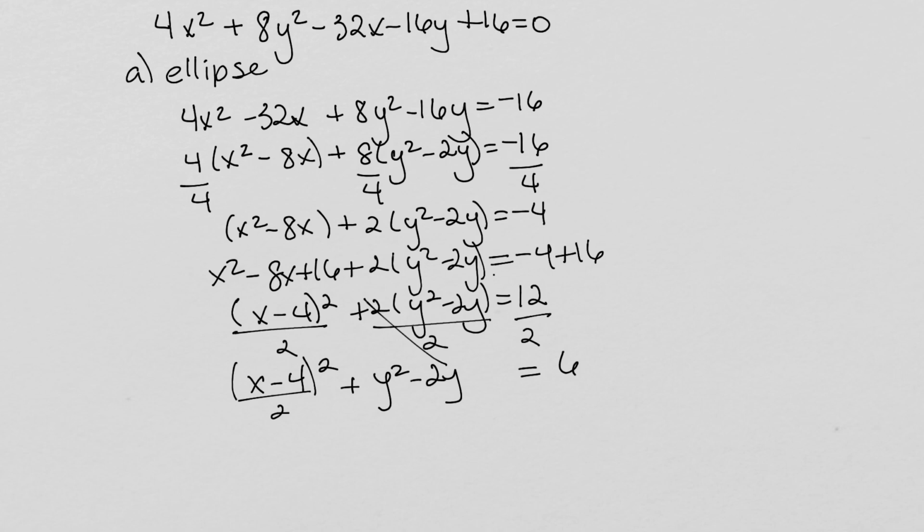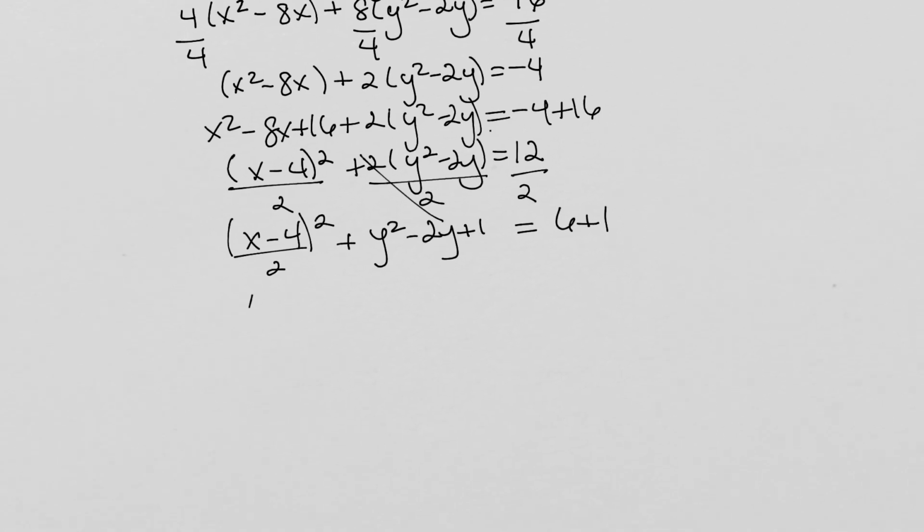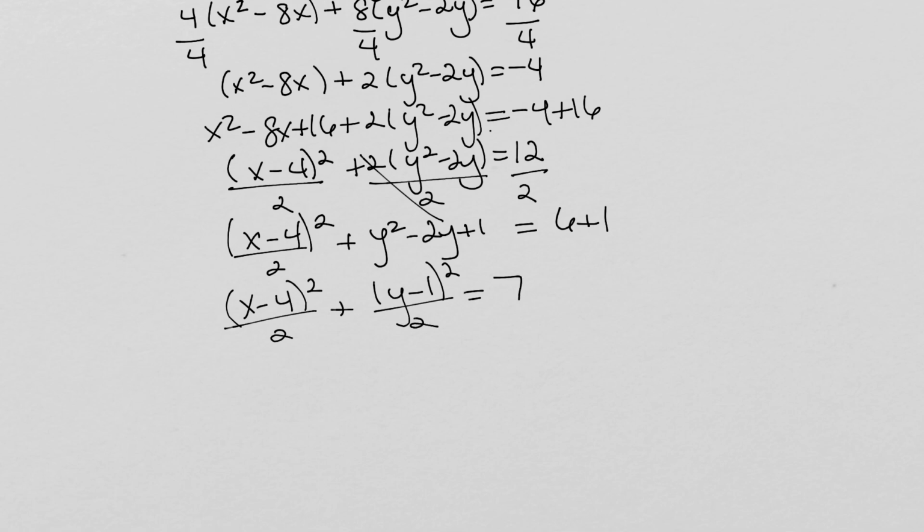And then we can look again at that b term, -2. If we divide that by 2, we get -1, and if we square that, we get +1, so we're adding 1 to each side. We can then factor the y terms to y minus 1 squared, and we get 7 on our right side.